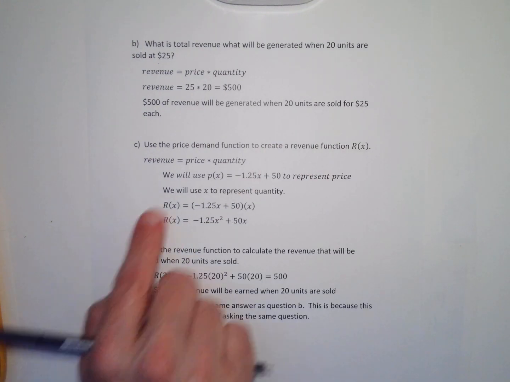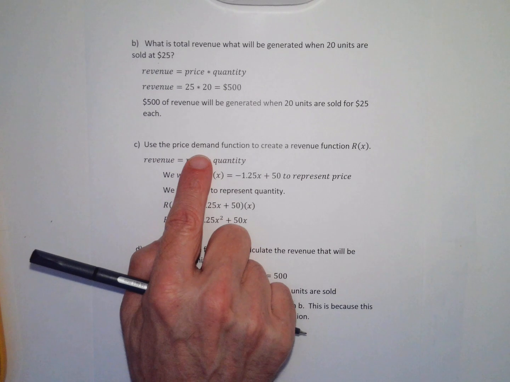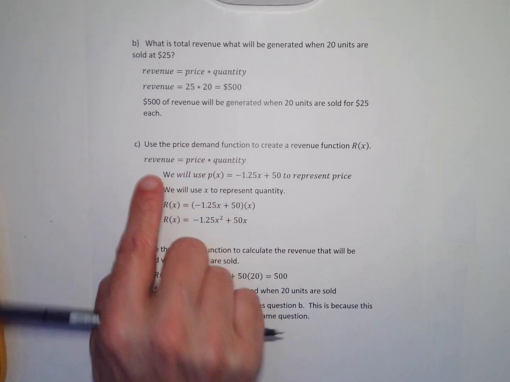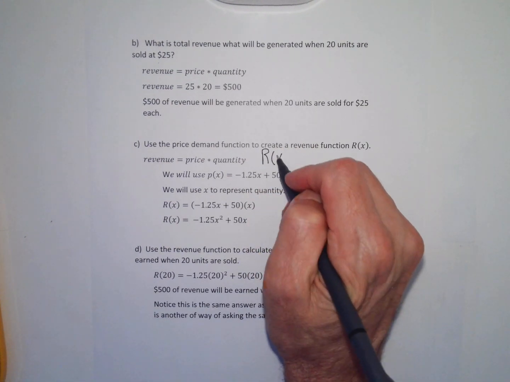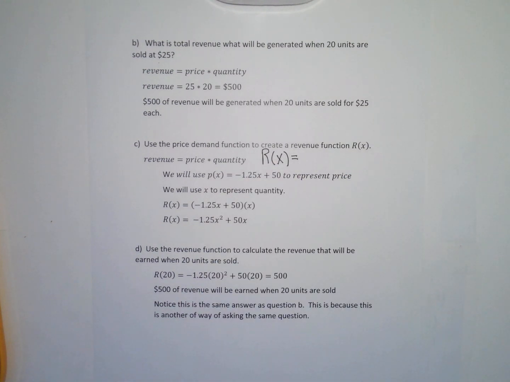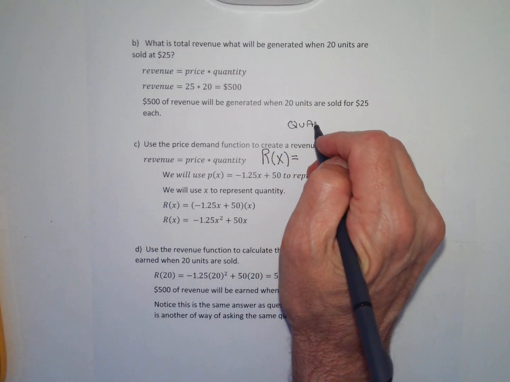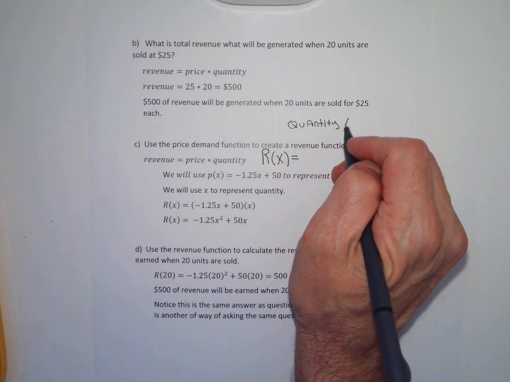I can use the price demand function to create a revenue function. This didn't seem obvious to me when I was a student. It almost didn't seem legal. It didn't seem right. But how do I do this? It's so easy. A revenue function I usually write with a capital R of X. Revenue function is price times quantity, and quantity I'm going to make X. We'd like the price to be P, but then I wouldn't get multiple variables.